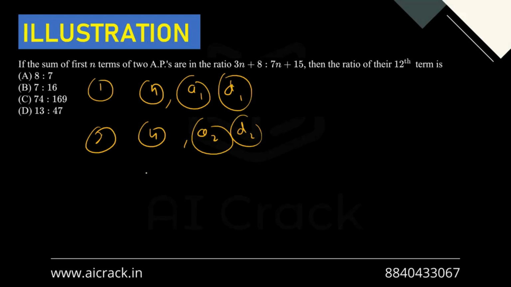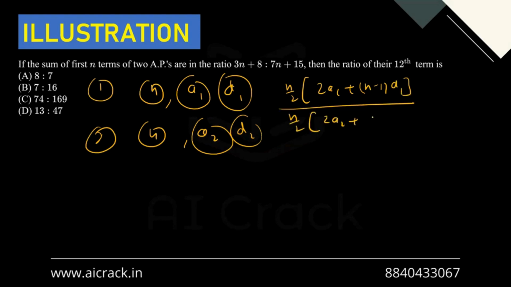Now if you want to write out the ratio of summation based on this information, we can write n by 2 times (2a1 plus (n minus 1)d1) divided by n by 2 times (2a2 plus (n minus 1)d2). Now this is equal to (3n plus 8) divided by (7n plus 15), right?